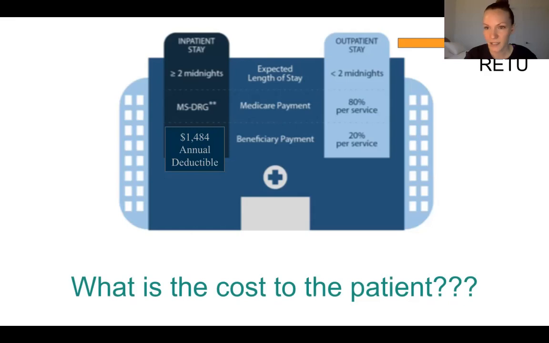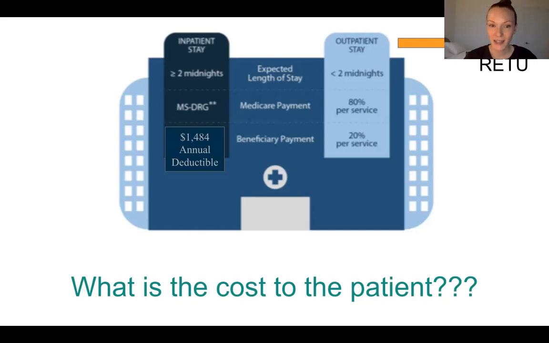So what is the cost to the patient? Because I feel like this is a very common question that we get. And there's a lot of misinformation out there, especially in the media when it comes to observation medicine. So for inpatient stays, if you look on the left side, Medicare will pay the hospital based on a DRG, which is a diagnosis code. So for someone who comes in with a STEMI, there's a specific DRG, and the hospital will get paid this bundle payment.